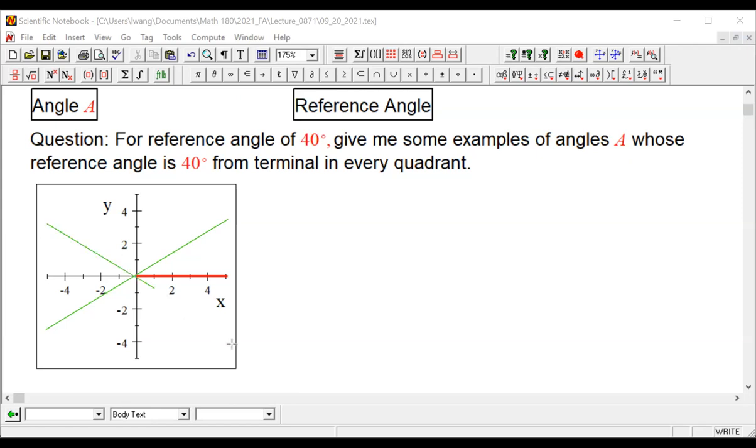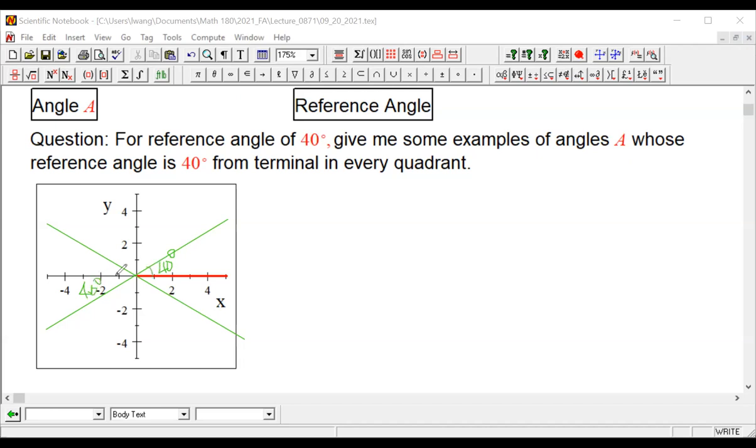I want you guys to give me examples. Give yourself examples of angles that terminate on all these different terminals.